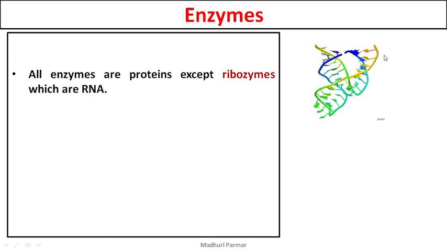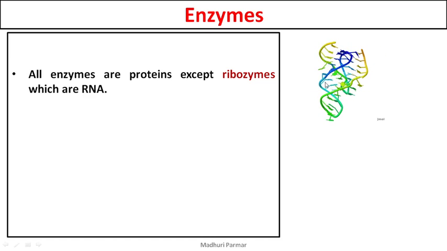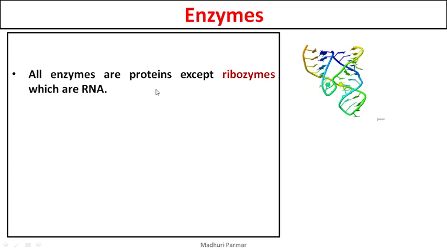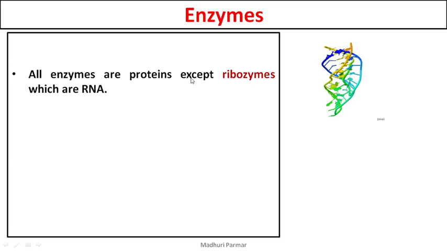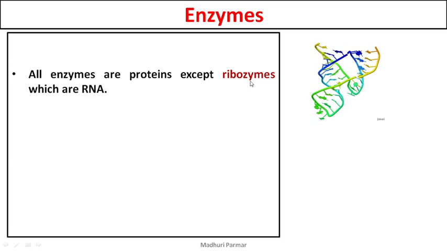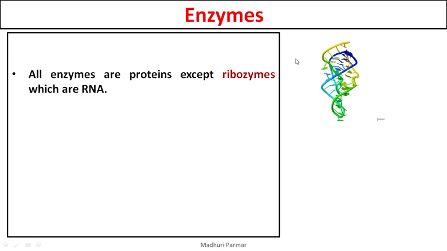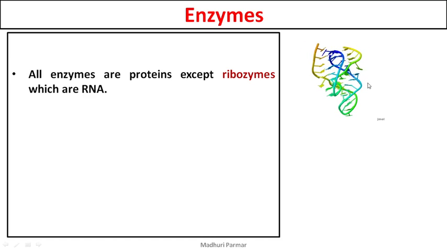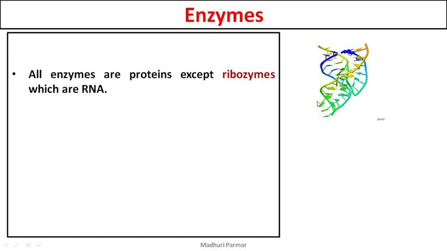Such kind of enzymes are called ribozymes. So all enzymes are proteins except the exception, ribozymes, which are made up of RNA, as you can see here. So some RNA can also act as enzymes.